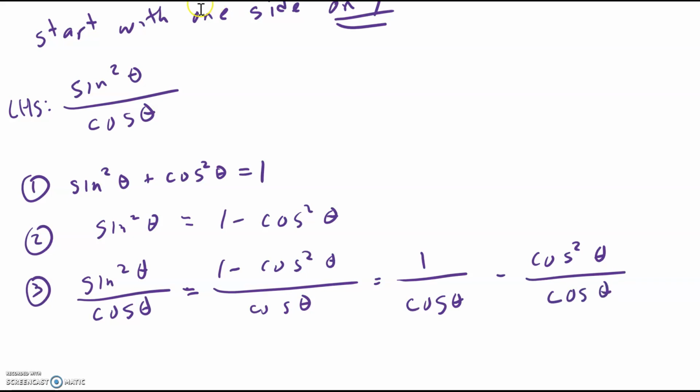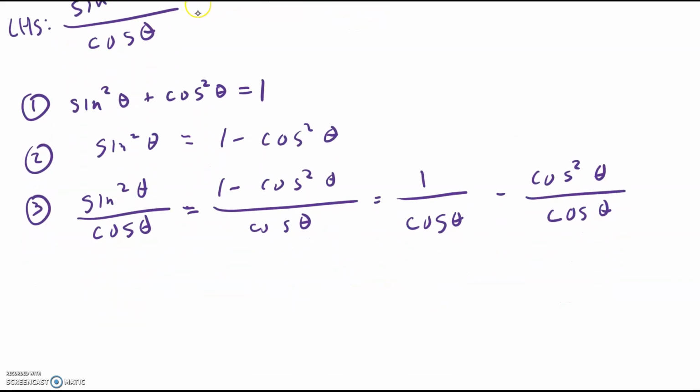Okay, and then it's generally understood that 1 over cosine right there is equal to secant, because secant by definition is the reciprocal of cosine. And then cosine squared over cosine, a pair of cosines cancel because it's an accepted fact that x squared over x is equal to x, right?